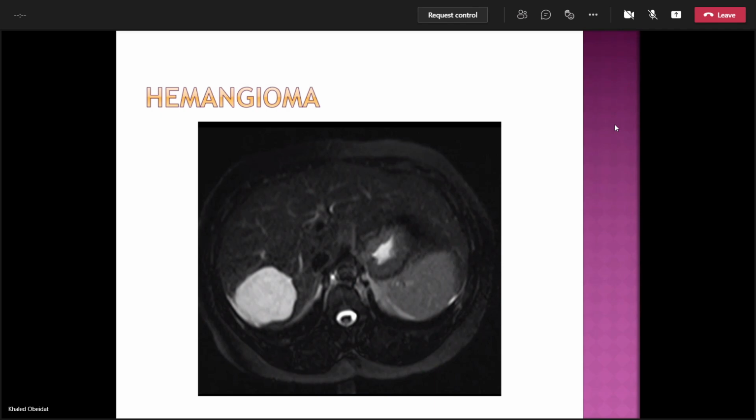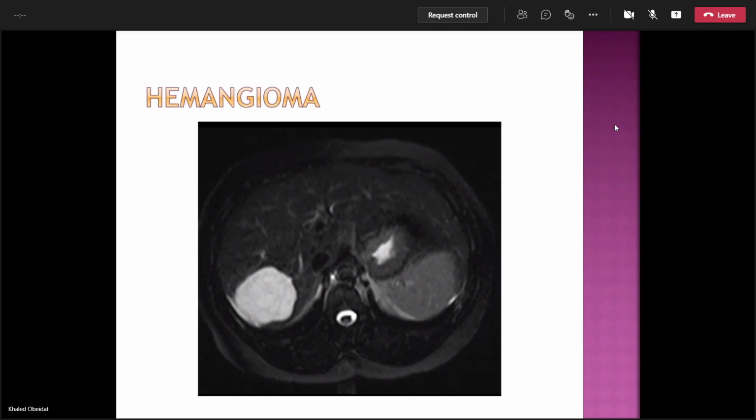As we said, there's no need for intervention. Now, it is always commonly said that biopsy is contraindicated in hemangioma. Usually, if you are diagnosing hemangioma, you diagnose it through imaging. If you are not sure of the diagnosis and you are still suspicious, you may do biopsy.